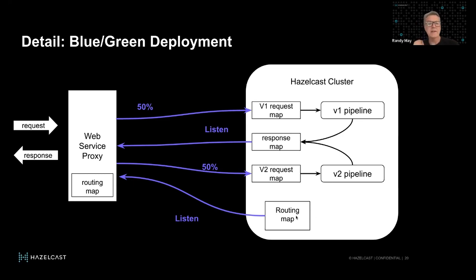When you update the routing information, all the web service proxies are listening, and they will update their dispatching algorithm accordingly. So we can have one pipeline that's servicing version 1 of the service, another pipeline that's servicing version 2 of the service. They can both write back to the same map. That's how I've implemented blue-green in this POC.